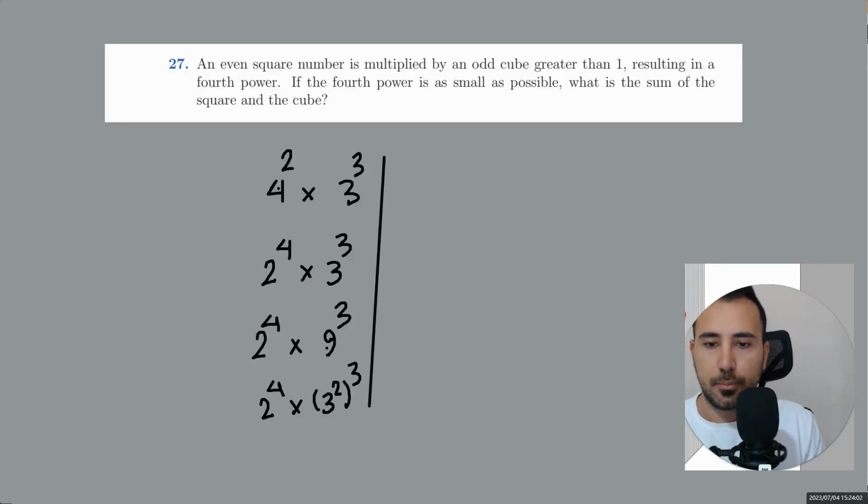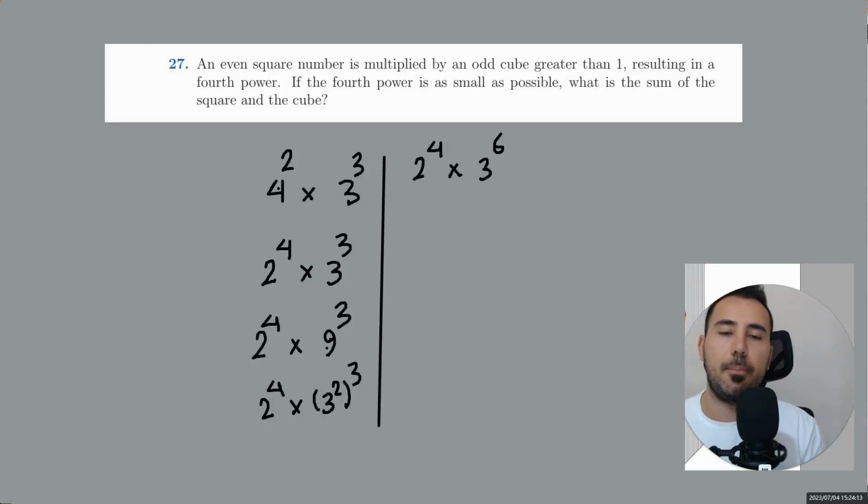So this number, let's write it here. It would be 2 to the fourth power multiplied by 3 to the sixth power. Again, this is not helping.